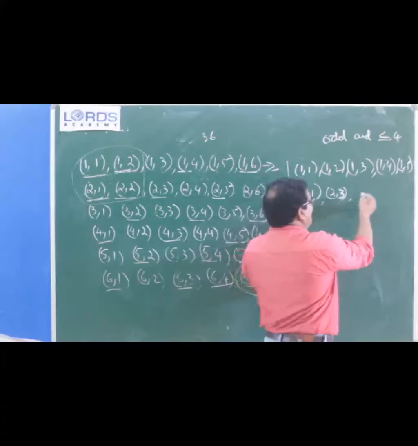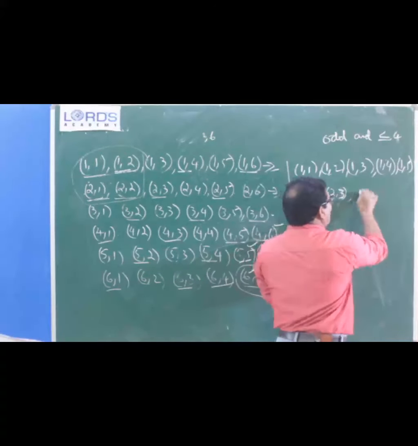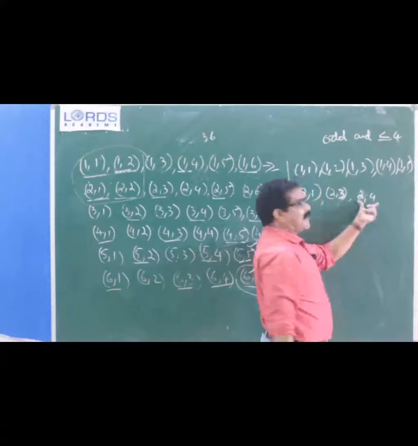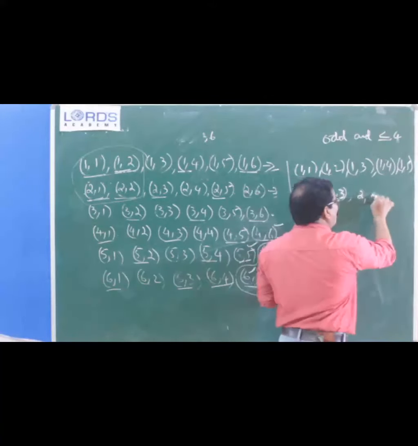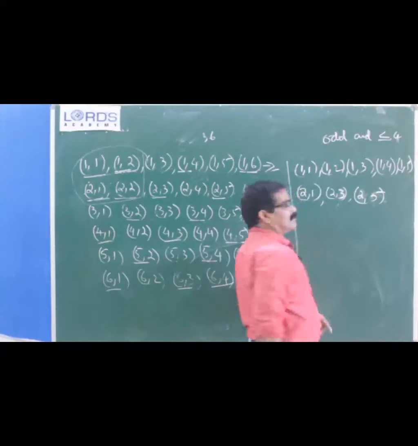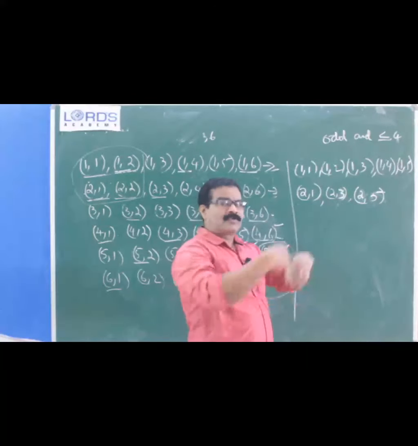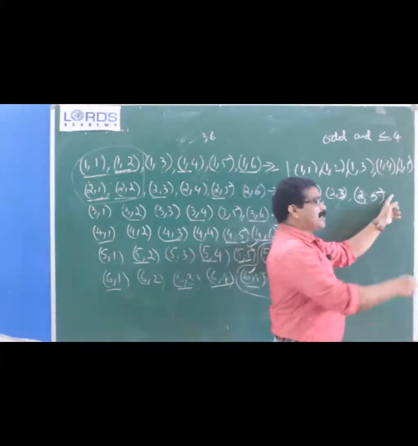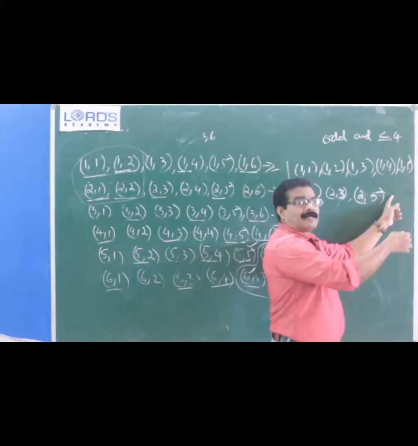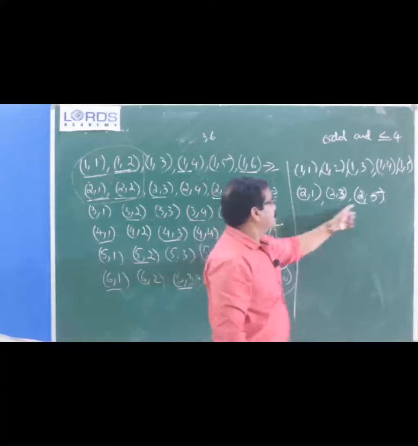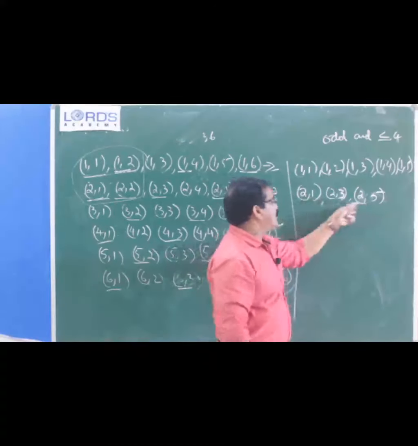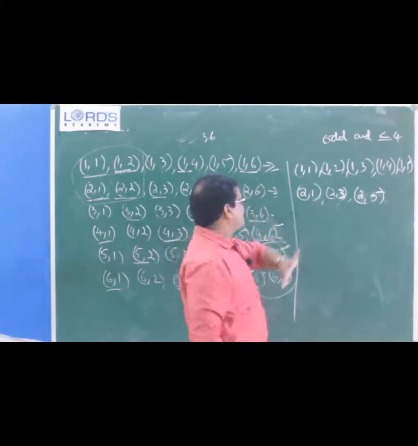Similarly 2 4, what about 2 4? Here also there is no odd number, so do not take this one. 2 5 you can take. Suppose you take 2 6, there is no odd number, do not take. So from 2 you will get these.